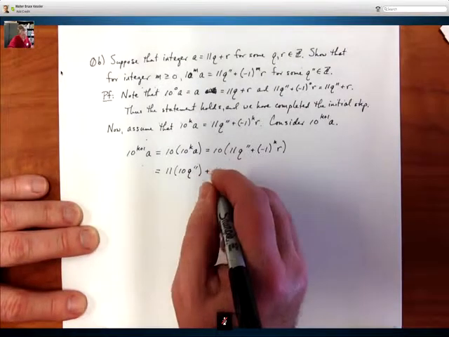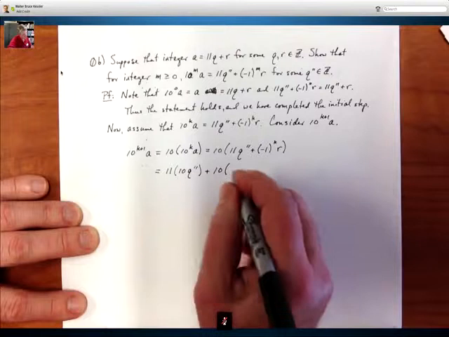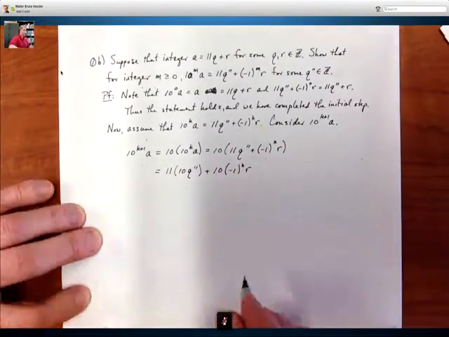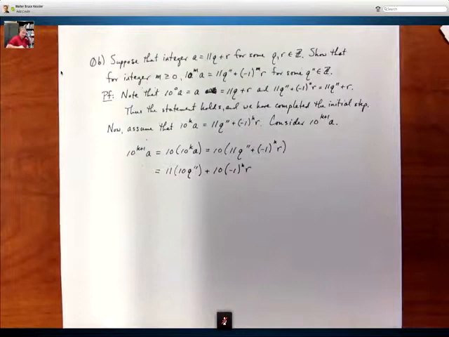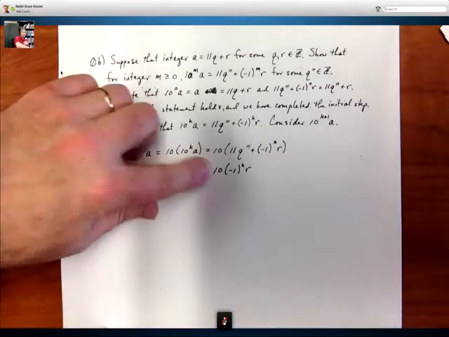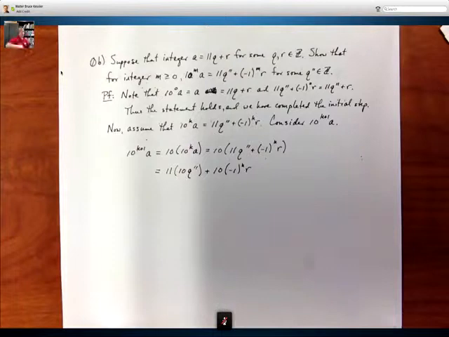And then I've got plus 10 times a negative 1 to the k times r. And again, I think this is really going to draw upon the fact that to get an 11 here, I can take the 10 up to 11, but then I need to dock 1 to keep it equal.